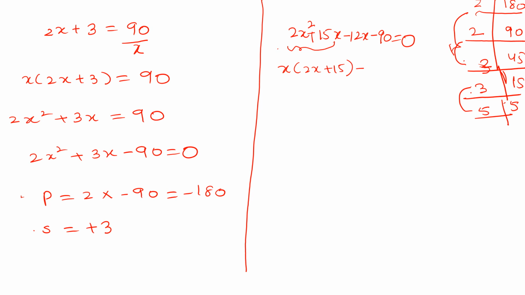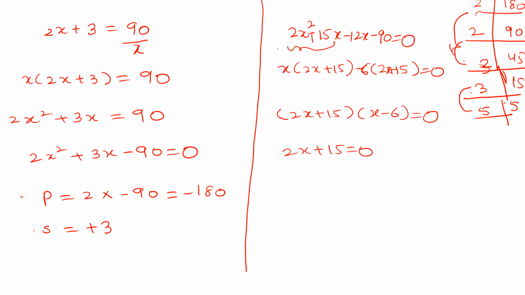Here we can take 6 common, so 2x plus 15 will remain. Now the bracket is common, so we write 2x plus 15 and x minus 6 equal to 0. So 2x plus 15 equal to 0 or x minus 6 equal to 0. So x will be minus 15 by 2 or x equal to 6.